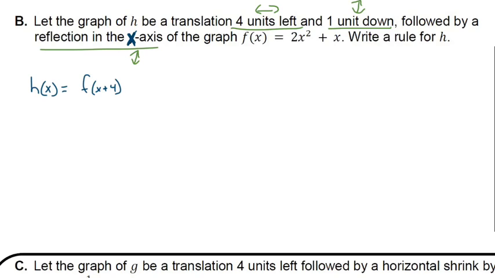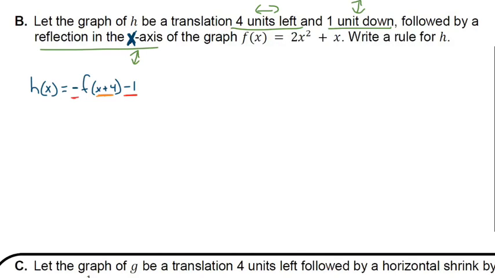Outside, we're going 1 unit down, so I'll subtract 1, and reflecting in the x-axis, so that's a negative on the outside. Okay? So, again, anything inside, you plug in to the x, you substitute x with an x plus 4, and anything outside goes outside the brackets.